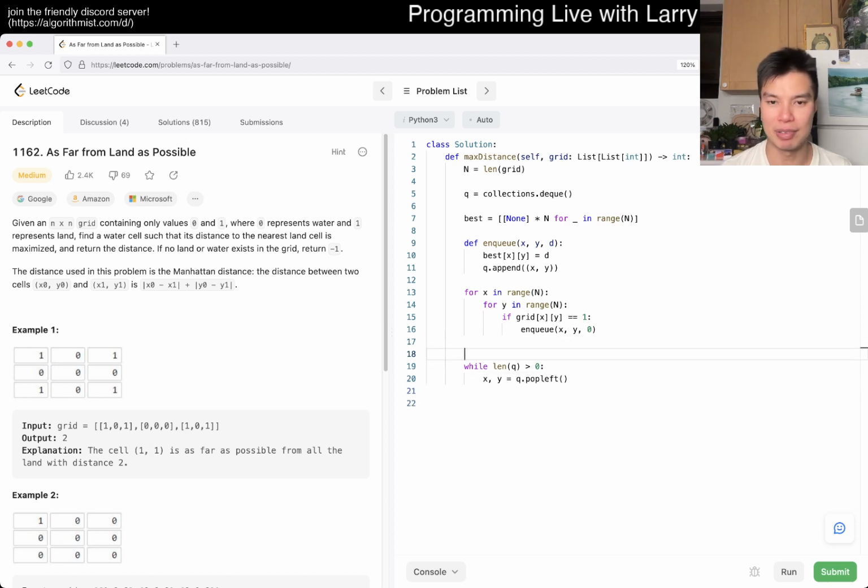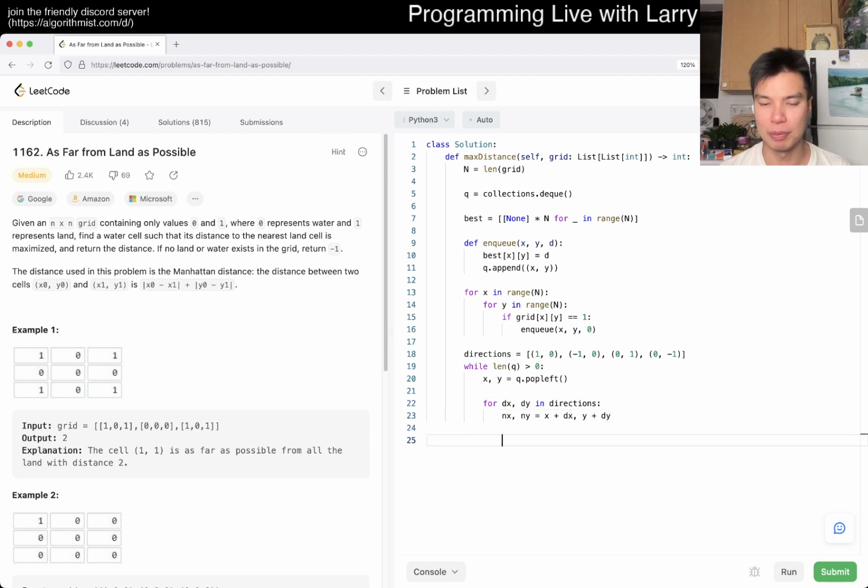And I think one thing that I forgot to do is directions, and in this case we want up, down, left, right. Not necessarily in the order that I'm typing, but yeah, the 4 directions, right? And then we just check for each one in directions. Oh, I usually do dx, dy.